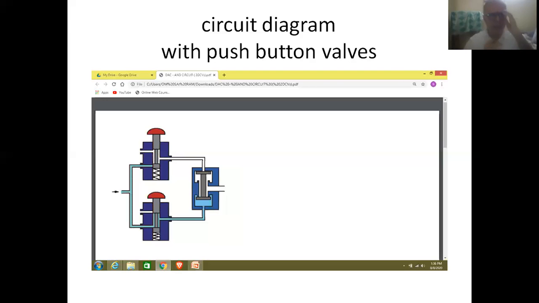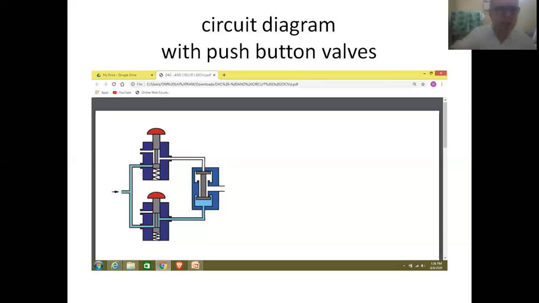That means the push button moves the plunger downward and the valve comes to first position, and the spring force moves the plunger upward and the valve comes to second position.